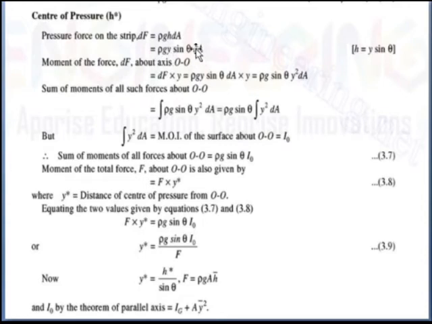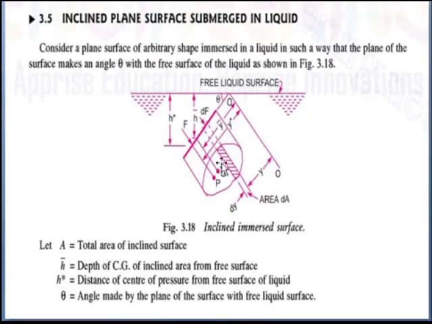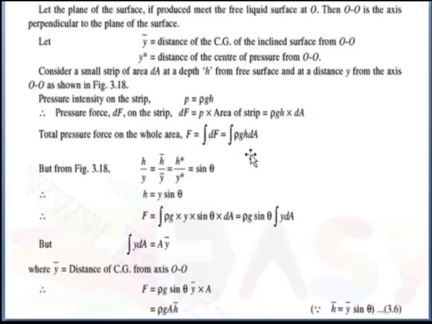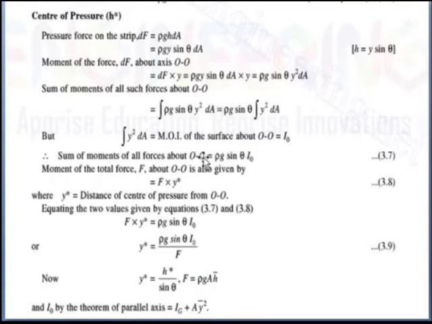Then the moment of force dF about the axis OO. Here is the figure. The moment of this dA about the axis OO is equal to dF into this distance, that is dF into distance y.